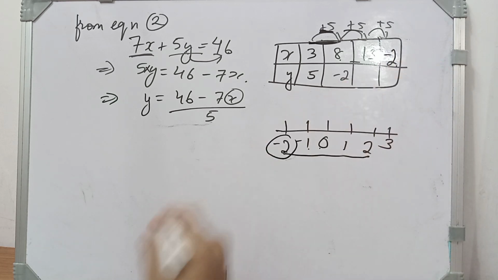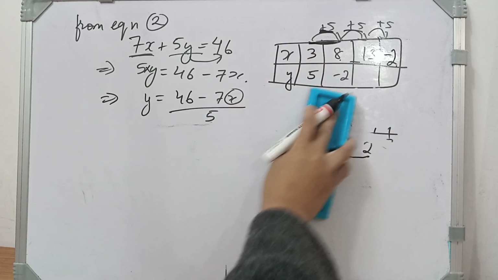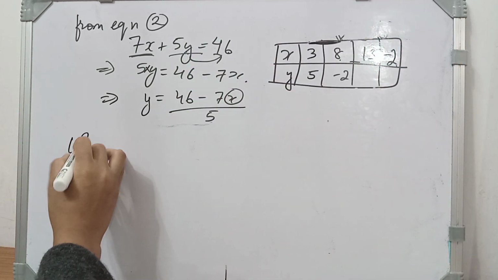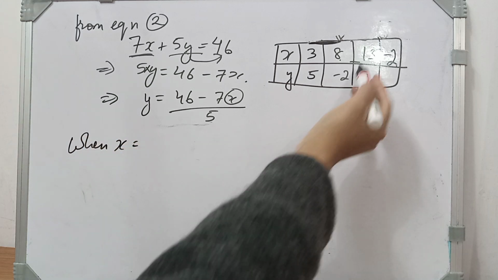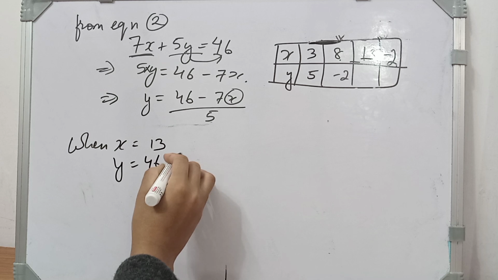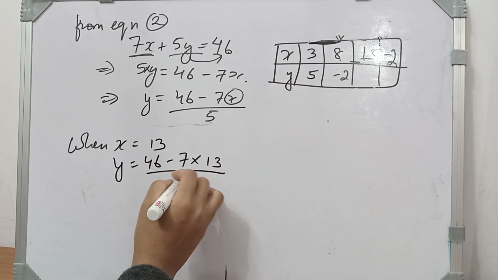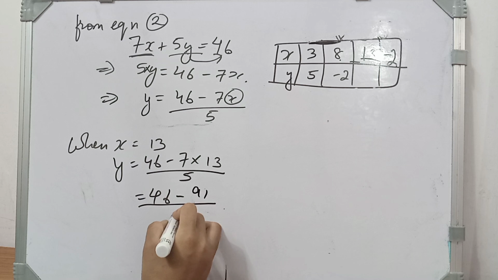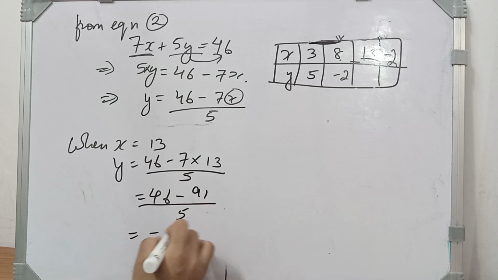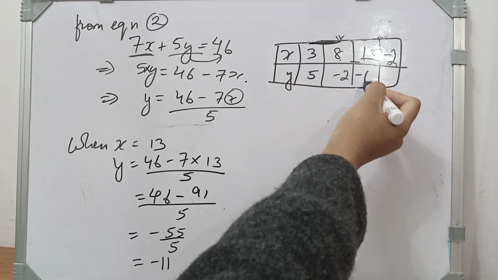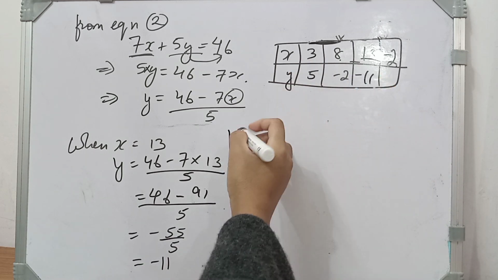Now we calculate the y values for these x values. When x is equal to 13, y is equal to 46 minus 7 into 13 divided by 5, which is 46 minus 91 divided by 5, so minus 45 divided by 5, which is minus 9.